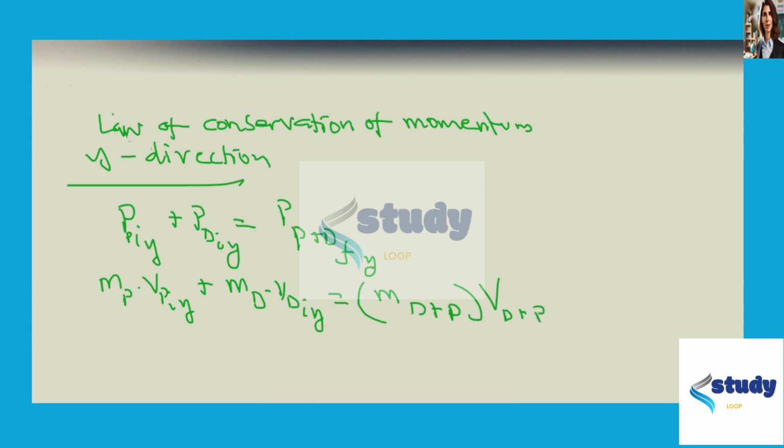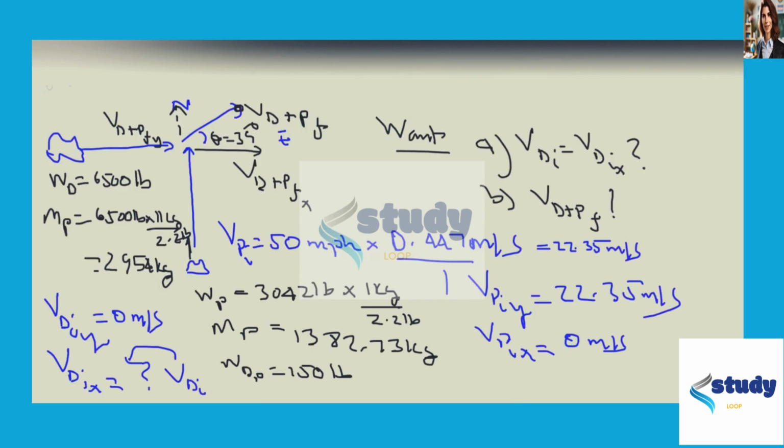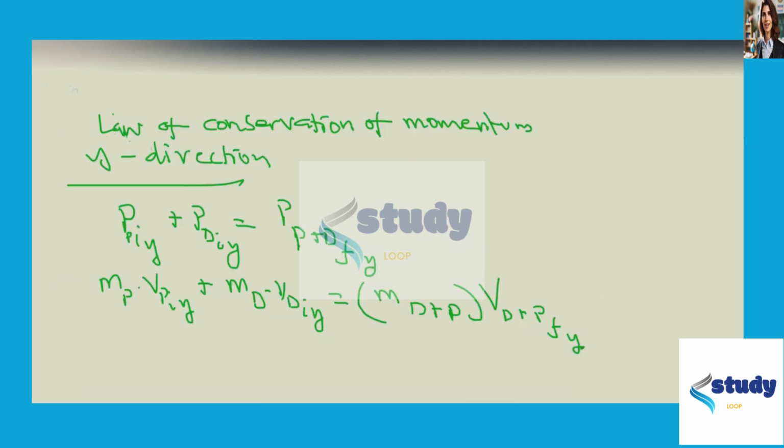So we've got to be careful. Final in the y direction. That's how we have it. Going back, we see that the initial velocity of the Durango in the y direction is 0. So this is all going to be 0.